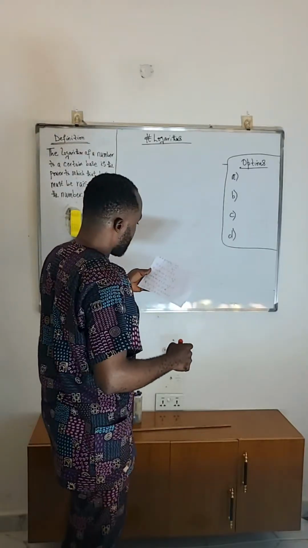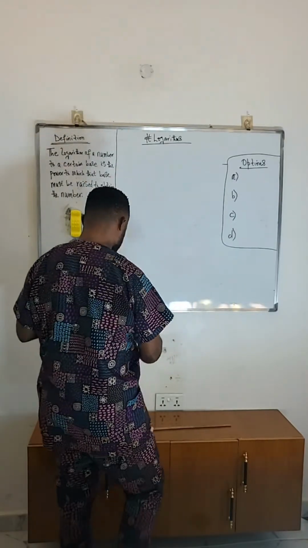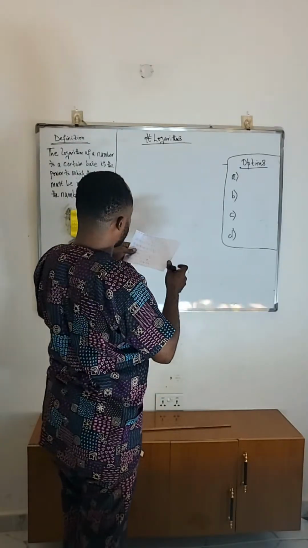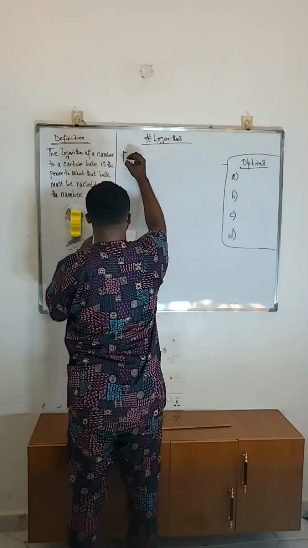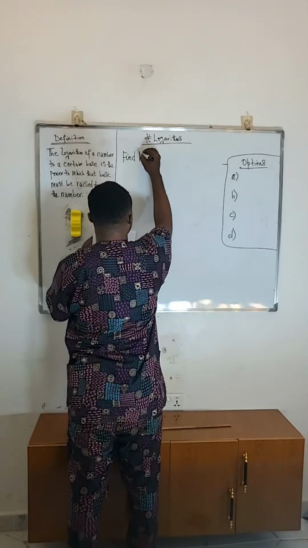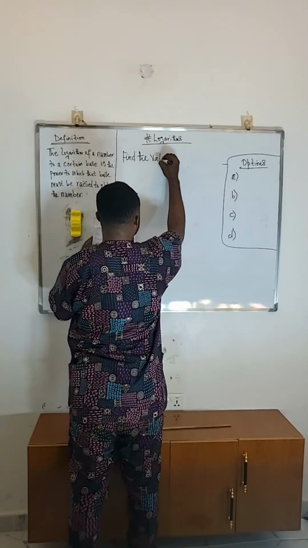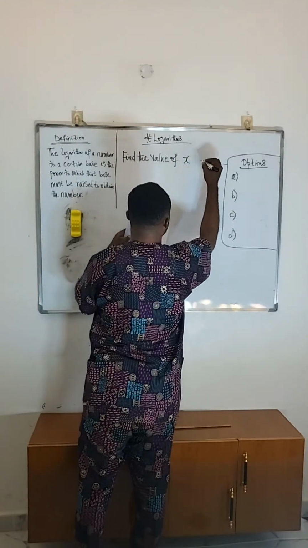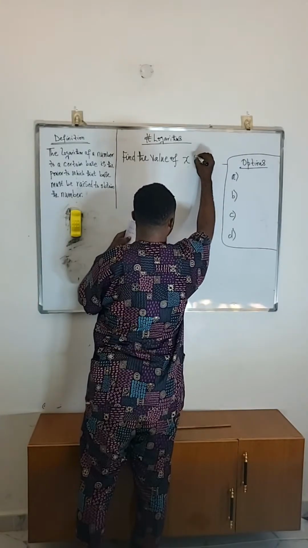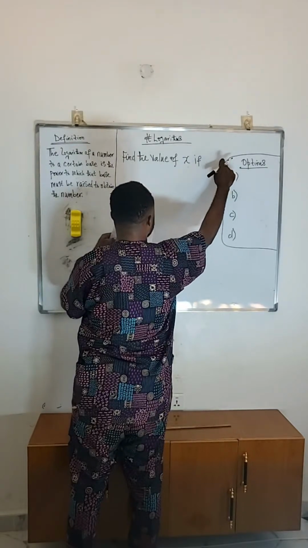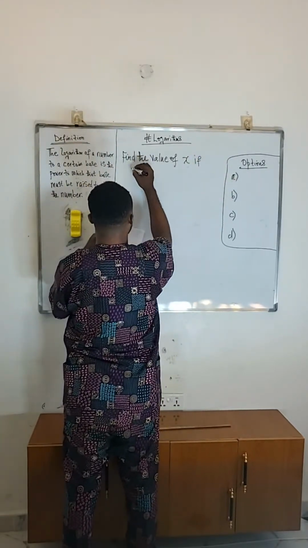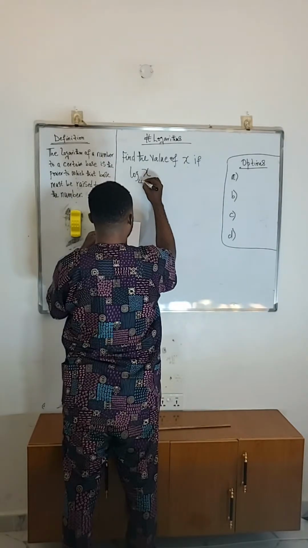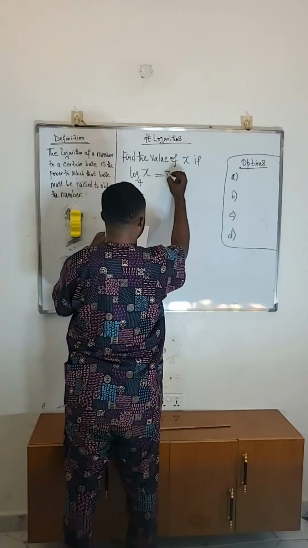So, the next question says, find the value of x if log x in base 4 equals 3.5.